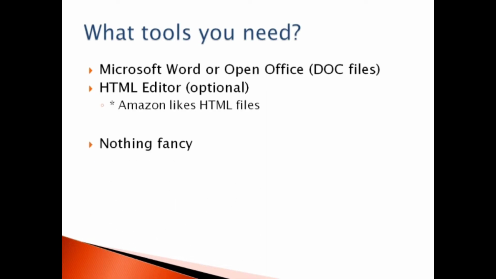Amazon likes HTML files. There's nothing fancy about the tools that you're going to need. In fact, you don't need to go out and pay any money. We're going to use a software called Mobi Pocket Creator, which basically allows you to convert your HTML files, I believe, and then protect them and things like that.